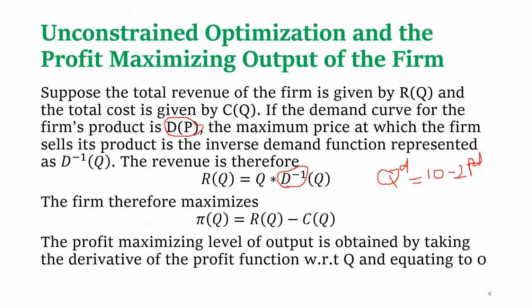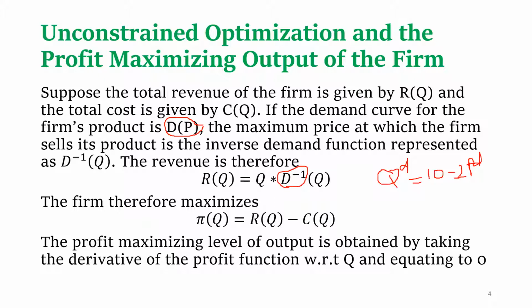And for us to find that maximum price, we need to obtain the inverse demand function. I guess you get the point I'm making here. So if we have QD equals 10 minus 2 PD, we want to find the inverse demand function, which is the price as a function of the quantity.